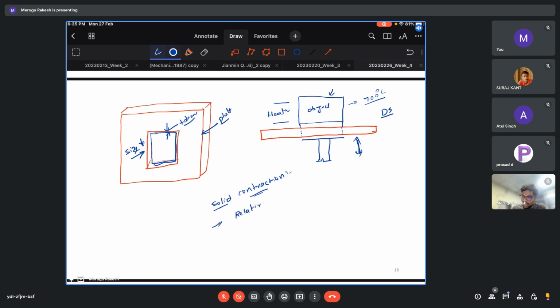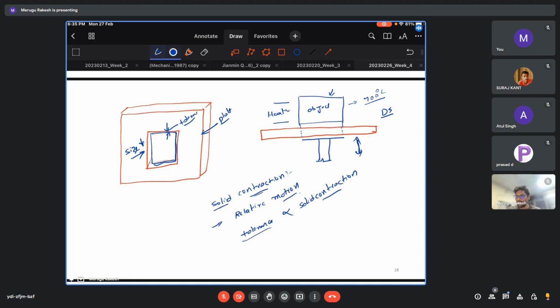So this could be one actual application. So for this relative motion, the tolerance depends on this solid contraction. Okay. So that is how you need to get this tolerance value.